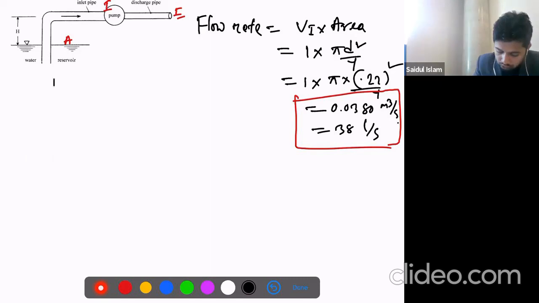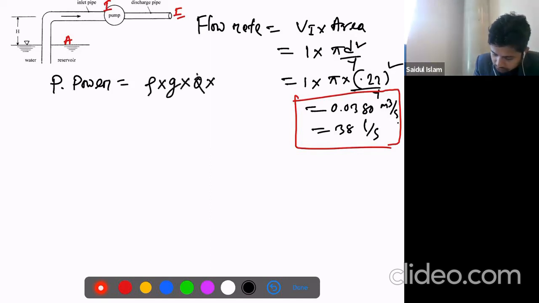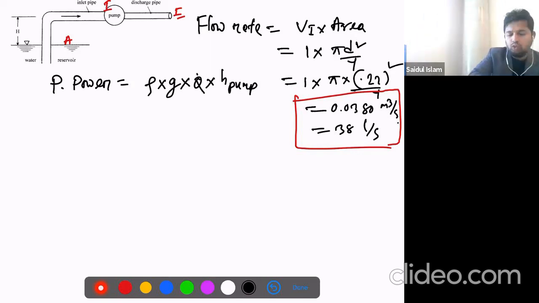The pumping power is equal to the density, gravity, the flow rate, and the pump head. I think I said this was point O, not A.